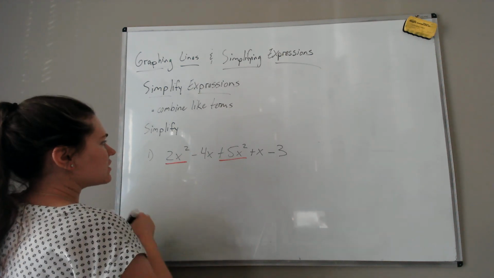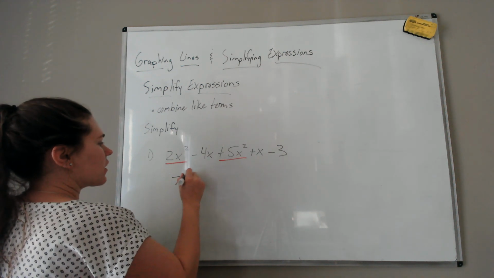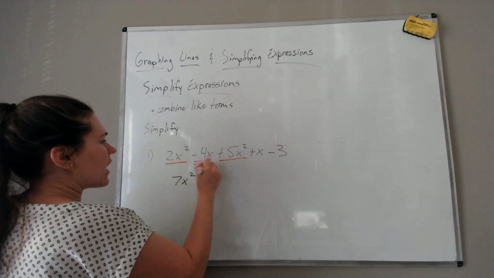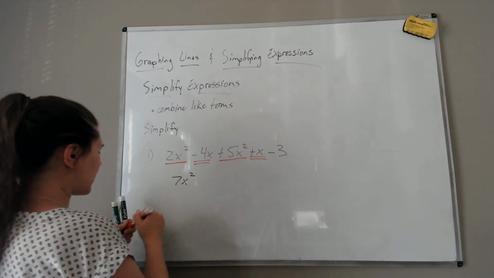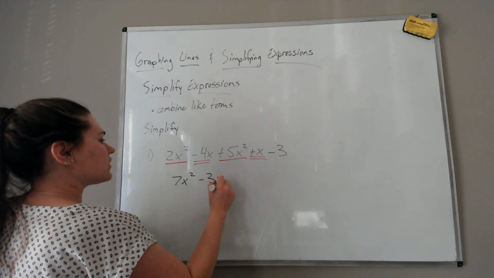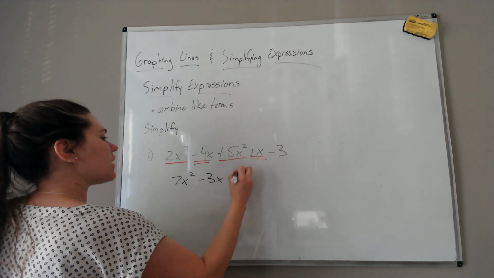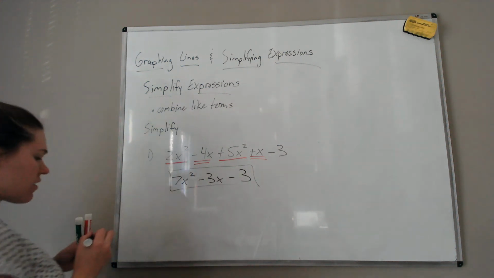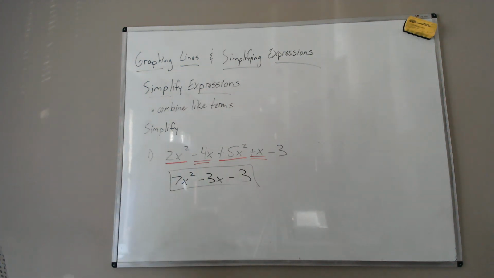So that is going to give me 7x squared. And then I've got a negative 4x and a positive 1x. If I combine those, that would leave me with negative 3x. And I don't have anything to combine that with. So my simplified expression would be 7x squared minus 3x minus 3.